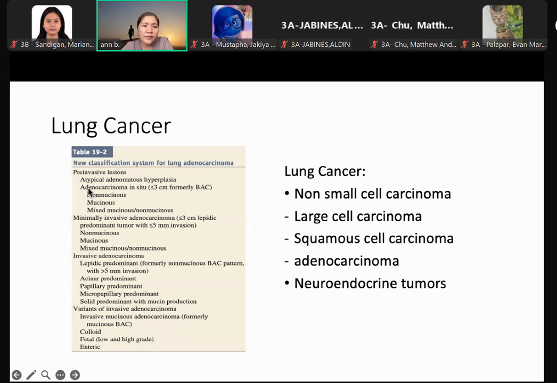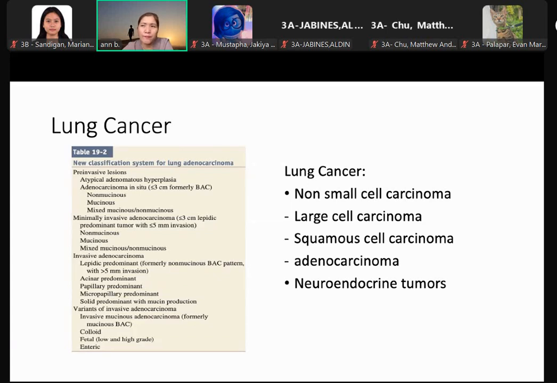So in the new classification, we have pre-invasive lesions: atypical adenomatous hyperplasia and adenocarcinoma in situ. These are mostly the ground glass opacities that they say are pre-invasive lesions. If it is minimally invasive already, approximately less than 3 centimeters in size, it could be minimally invasive. Then predominant tumor with lepidic pattern, non-mucinous, mucinous.